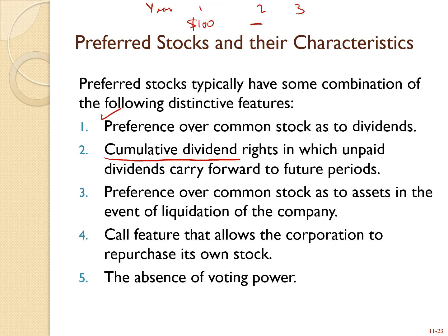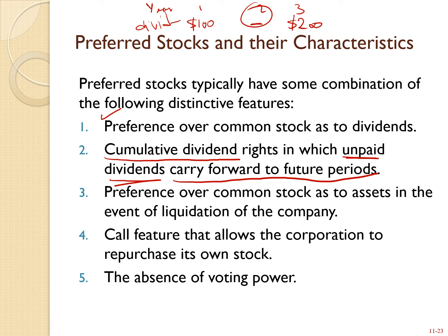In year 3 you will have to pay $200 to compensate for year 2. Some of them have cumulative dividend rights, in which unpaid dividends, if the company cannot pay its preferred stockholders this year, carry forward to future periods. As if the company now is liable to those preferred stockholders.